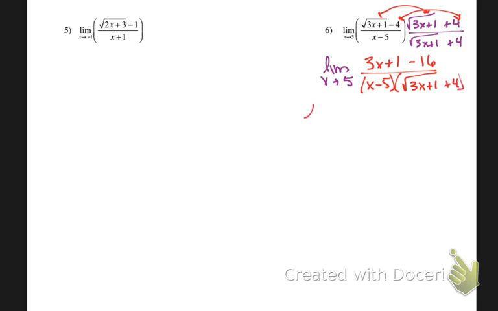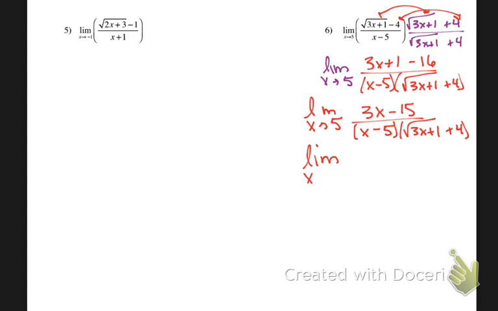And when I simplify the numerator, we get 3x minus 15. And then it looks like I can factor out a 3. And there's my x minus 5.